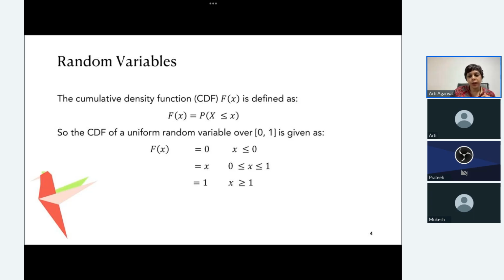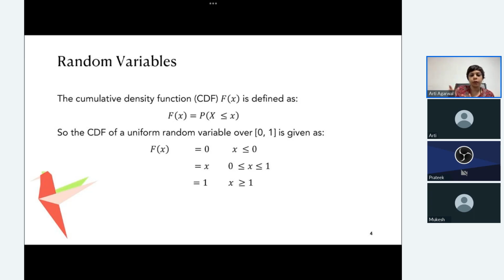So here I've just given the simpler version for the uniform random variable over the interval 0 comma 1. Then the cumulative density at 0 is of course 0, because for x less than or equal to 0, we know the probability is 0. So the cumulative density function will also be 0. When x is lying between 0 and 1, any length x between 0 and 1, the value of the CDF is x. And if x is greater than 1, it is just 1, right?